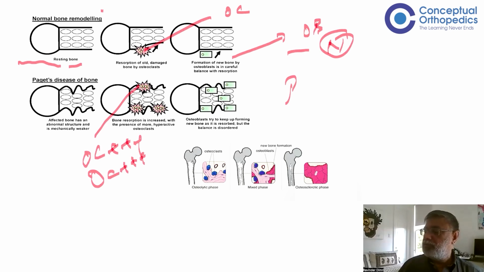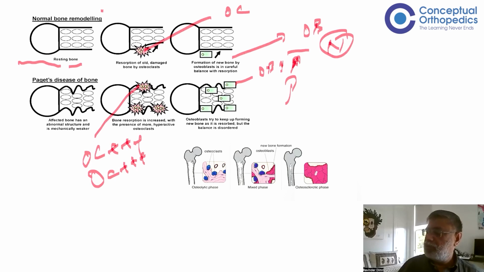A lot of osteoclasts come and absorb bone. Since a lot of pits have been formed, a lot of osteoblasts also come and form bone. Because of this abnormal cycle, a lot of bone is being absorbed and a lot of bone is being formed. It depends on where you see them.